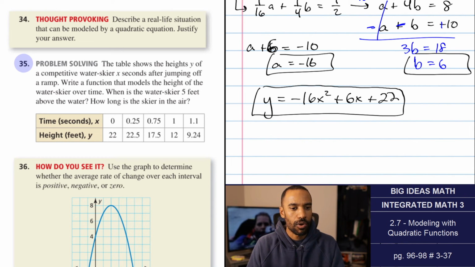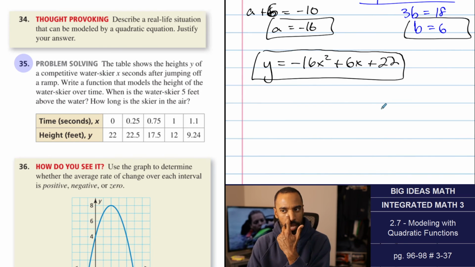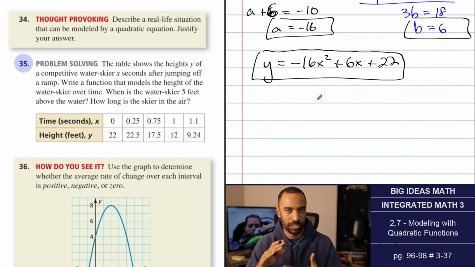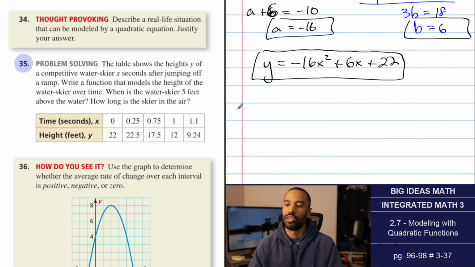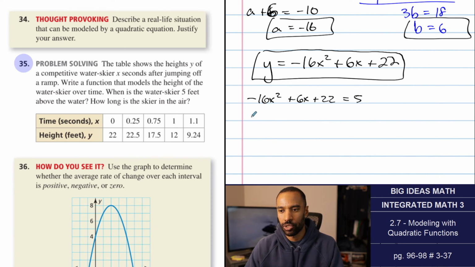Anyway, they say, when is the water skier 5 feet above the water, and how long is the skier in the air? We saw a question like this before. So when are they 5 feet in the air? We set this equal to 5. Now I doubt this is factorable: negative 16x squared plus 6x plus 17 equals 0.